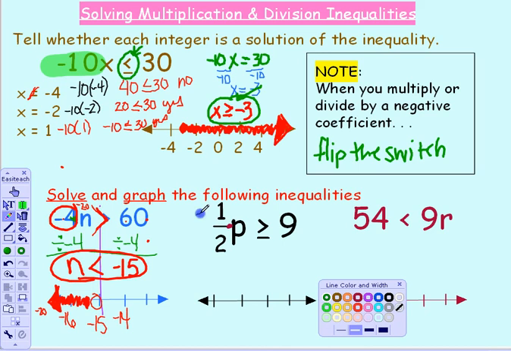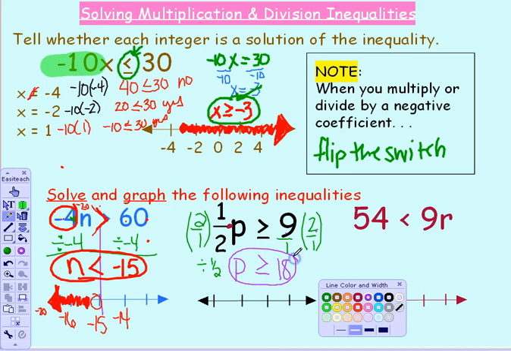So if I multiply by the reciprocal, which is the same as a divide by 1/2, multiply by a 2/1, we end up with p greater than or equal to, we keep the same sign, and 9 times 2 is 18.